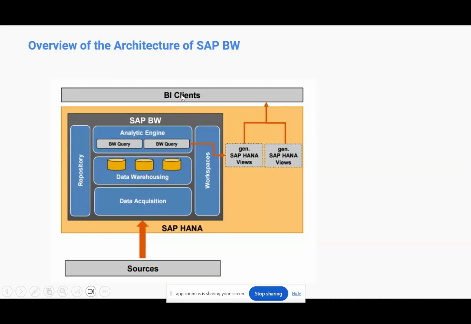When you store the data in BW and are connected to the BI clients, you create your reports in the BI clients, and the users are directly connected to the BI clients. They are not directly connected to the SAP BW system. For their reporting, analytical and business intelligence needs, you will create the reports in BI clients, maybe SAP BI clients or non-SAP BI clients.